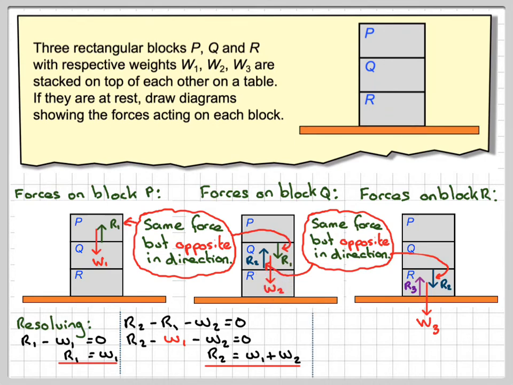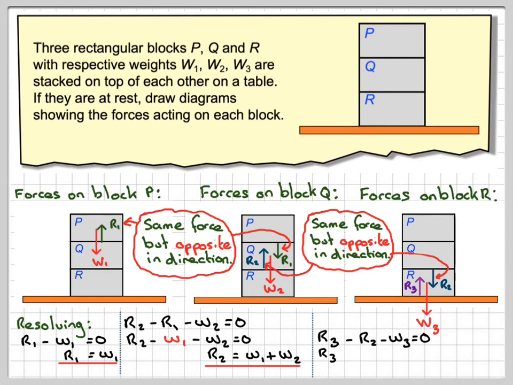And going to the third case, we're going to have R3 acting upwards, and then downwards we're going to have to take away R2, take away W3. Now, for R2 we put W1 plus W2, so it's equal to 0, because there's no movement.